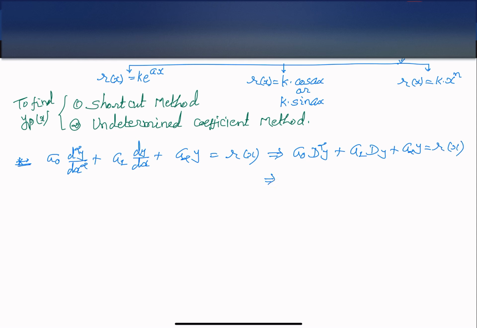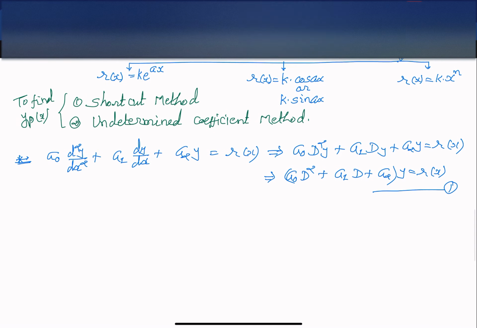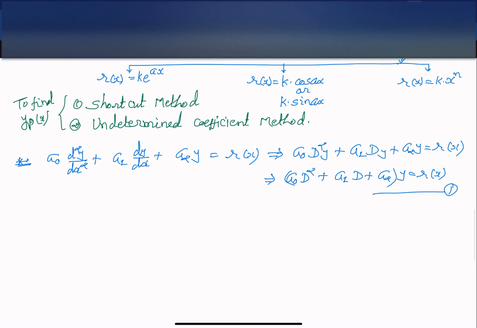If I take y common, then (a0 D^2 + a1 D + a2) y is equal to R. So this is the given differential equation. For this equation, we need to find the general solution.